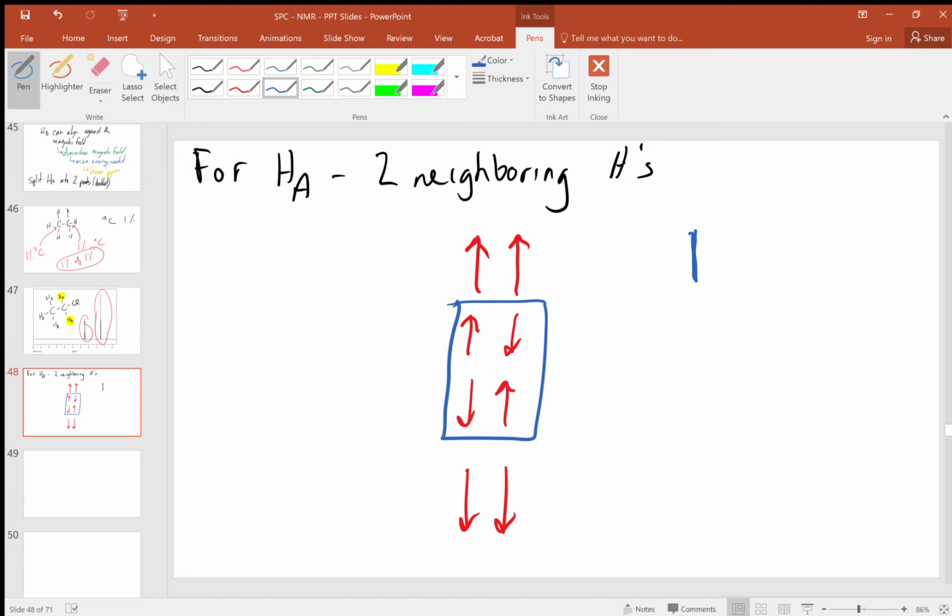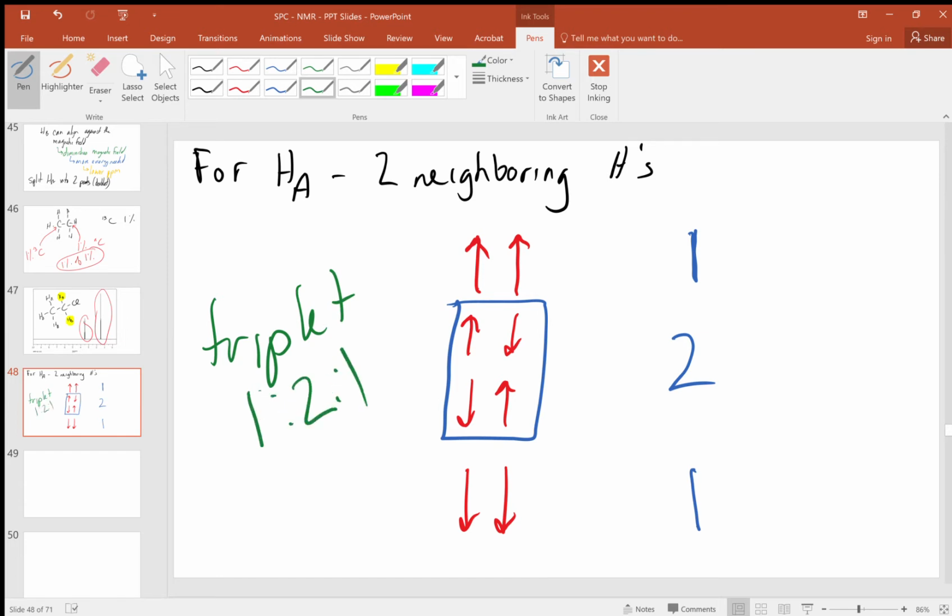But what we also want to note is that that situation is twice as likely to occur because there's 2 ways for that to occur, whereas the other situations can only occur in one way. So for HA, which is split by 2 neighboring hydrogens HB, it gets split into 3 peaks, which we will call a triplet, and that triplet will be in a 1 to 2 to 1 ratio.